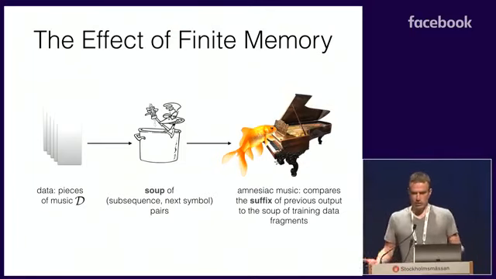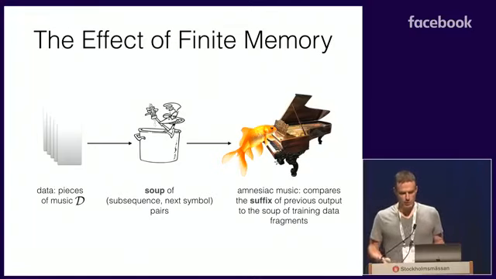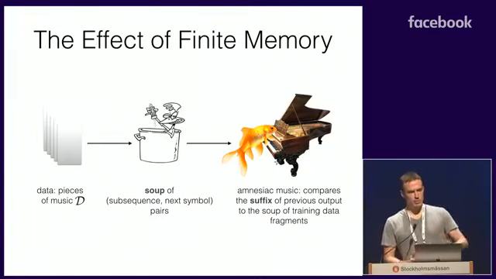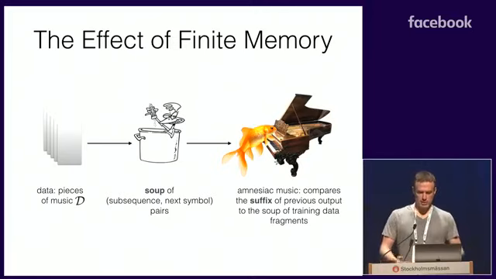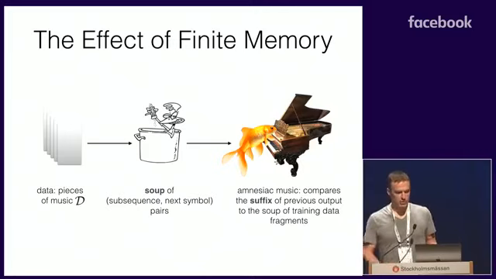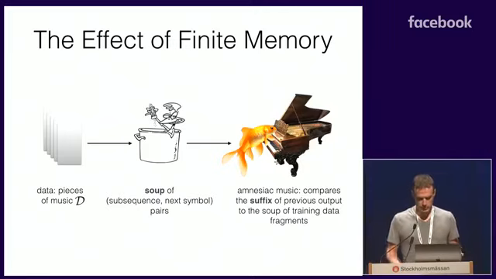And sure enough, you can learn some regularities in that way. You can learn basic things about key and style of music and so on. But when you generate from it, if you don't look back beyond this horizon, essentially you won't repeat motifs and you'll come up with, as I said, meandering music which doesn't really resemble typical human music.